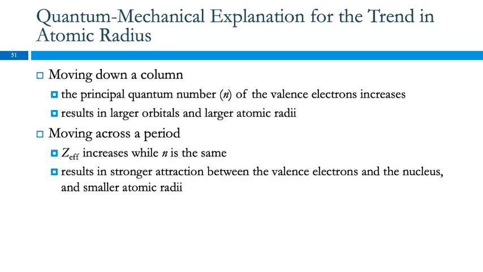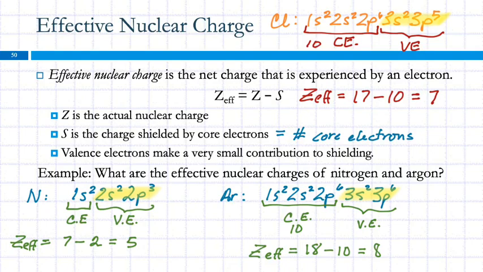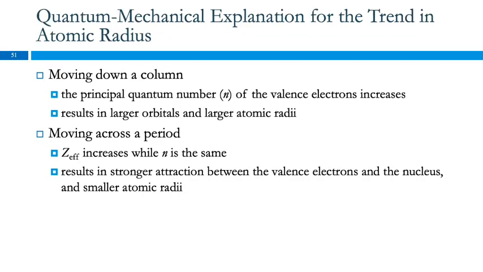For chlorine, the valence electrons are on the third principal level, the third floor of the hotel. For argon, they're also on the third floor. So the distance is roughly the same, but the effective nuclear charge is larger for argon. And so this gets into Coulomb's law. We've got a stronger attraction, and so we end up with a smaller radius.